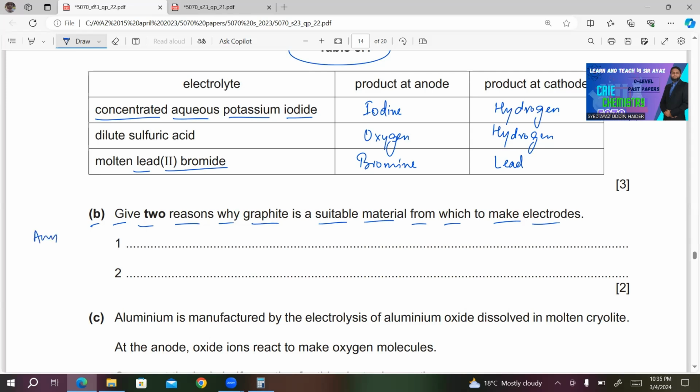So any two from: inert or unreactive, conducts electricity, have high melting point.